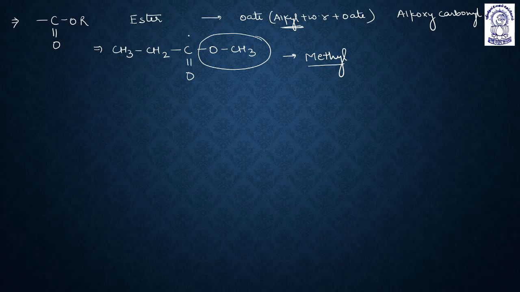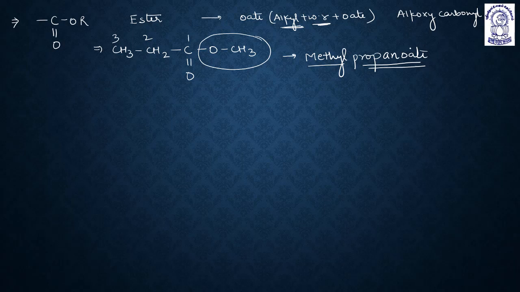And for the part which you are getting from carboxylic acid, the root word for 3 carbon atoms is prop, and we add the suffix OATE. Since it has a carbon-carbon single bond as primary suffix, AN, then OATE, it is methyl propanoate. This is the name of the ester.